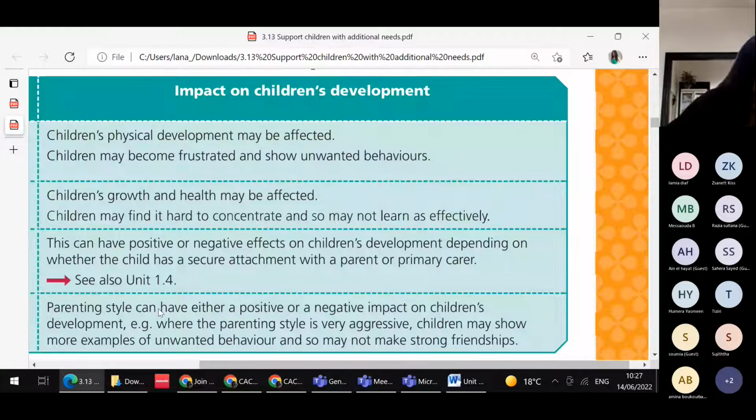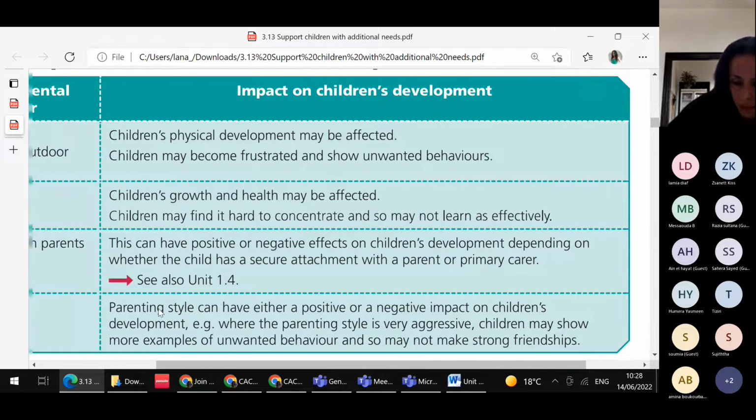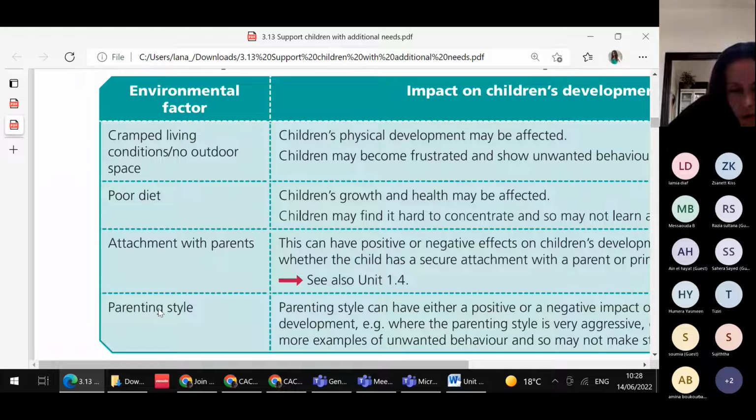The parents will be encouraging him to do things, praising him, giving him extra responsibilities, making him feel good, or making her feel good about herself. So all this might affect the child positively. So it depends on the way the attachment is. Also, we have parenting style.